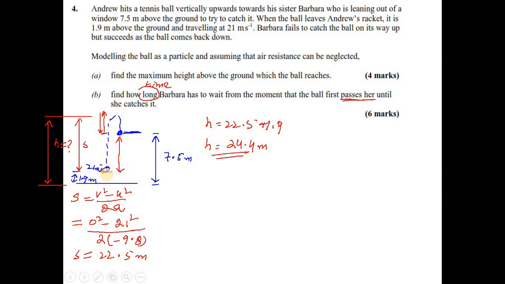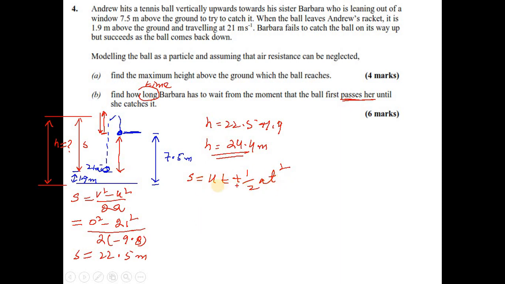Using this height and the initial velocity, I can find the time when the ball first reaches the window. And how do I do that? I can use S is equal to ut plus half at squared. S is the height from the point of throw to the window, and use the initial velocity. I can figure out time here.